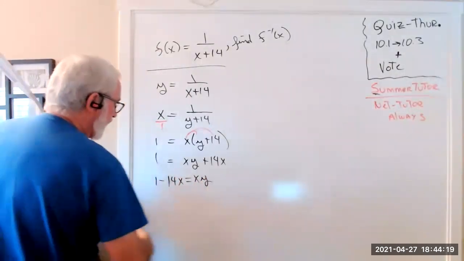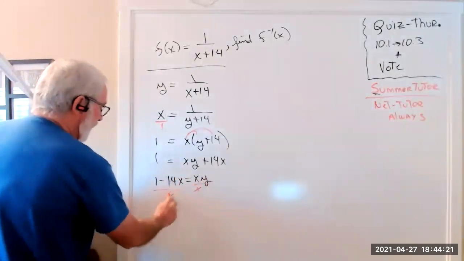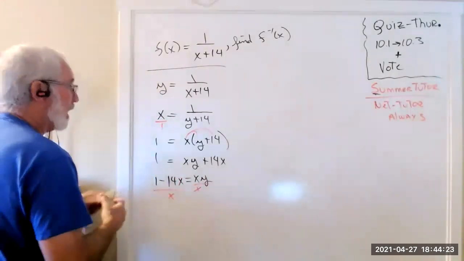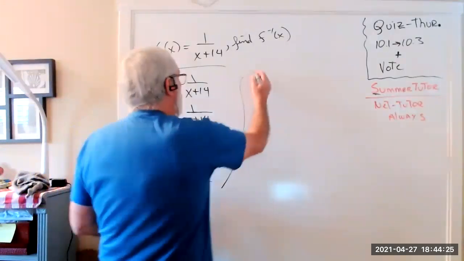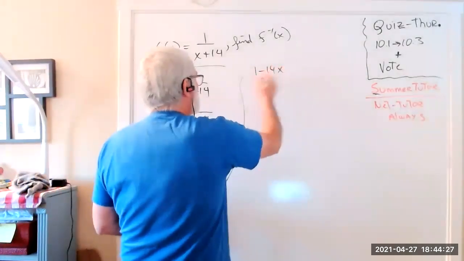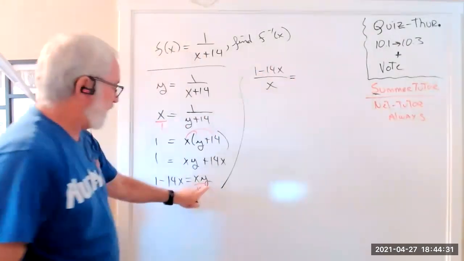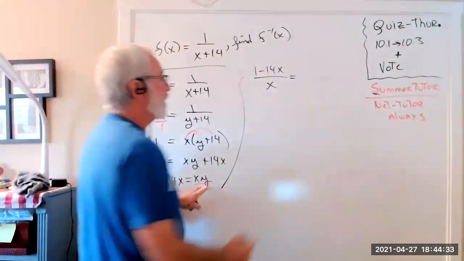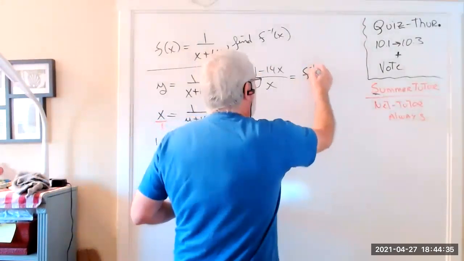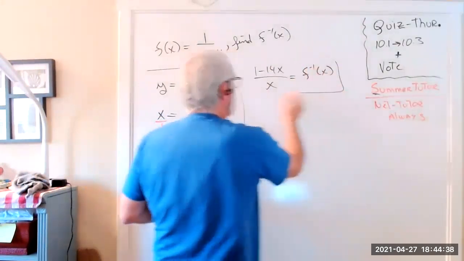So I'm going to divide everybody by x. And that's going to give me 1 minus 14x over x equals, now technically it's y, but I said replace the y back with the inverse notation.